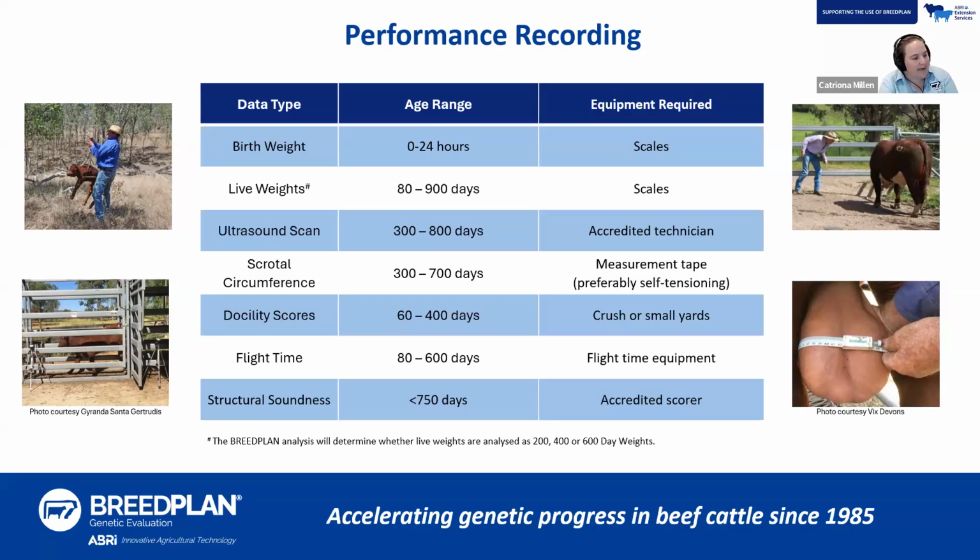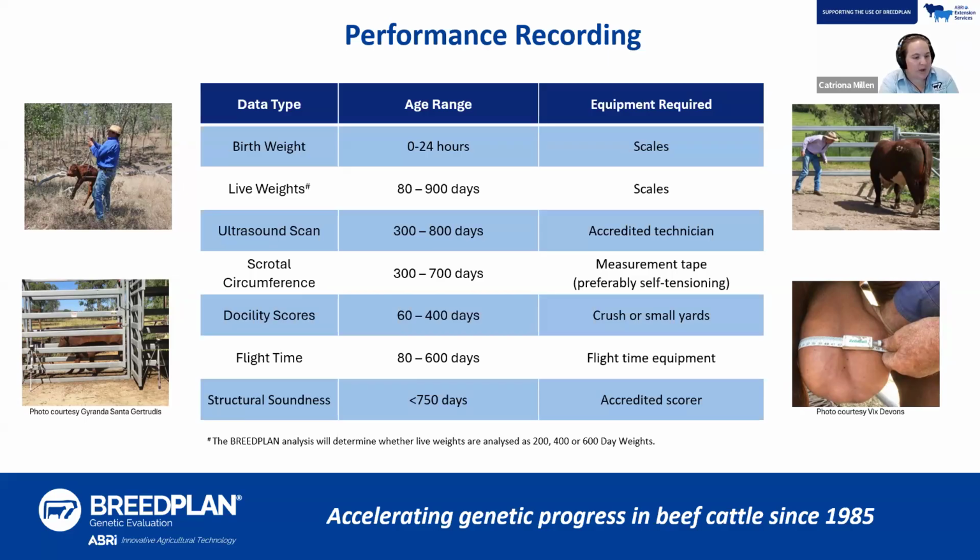Here in Australia, we have two measures of temperament that the different breeds use. Docility score is mostly used by our Bos Taurus, so our British and Euro breeds here in Australia, whereas flight time is typically used by our Bos Indicus breeds and their composites such as Brahman up in the northern parts of Australia.